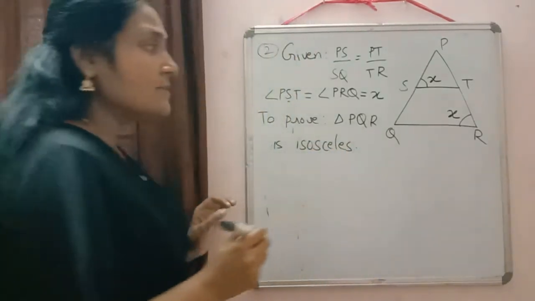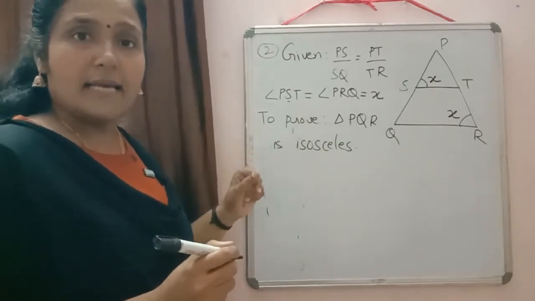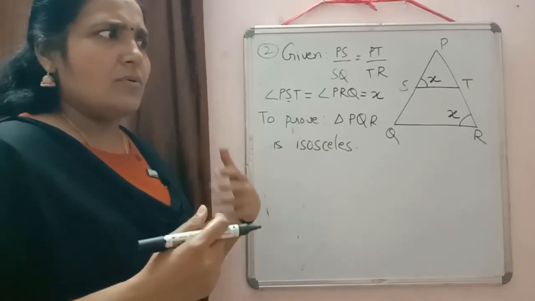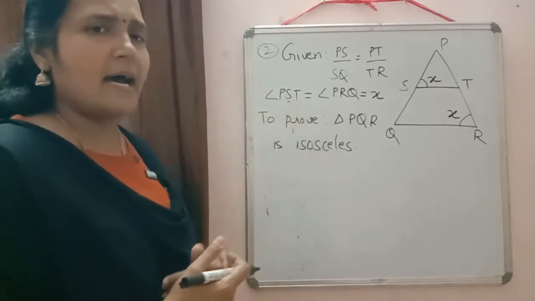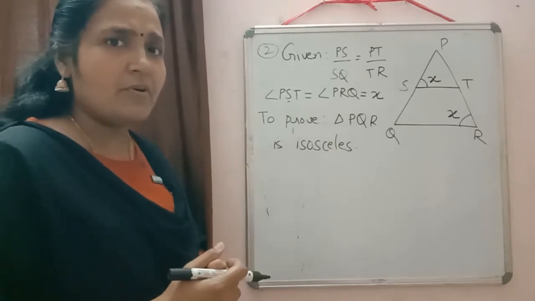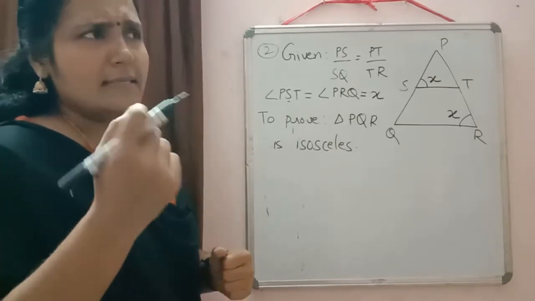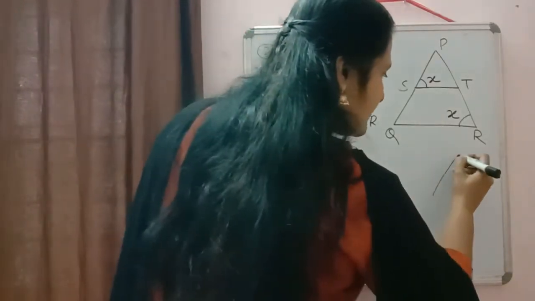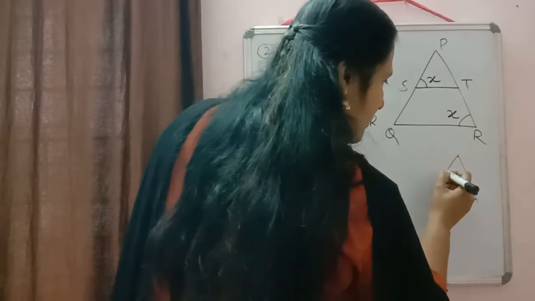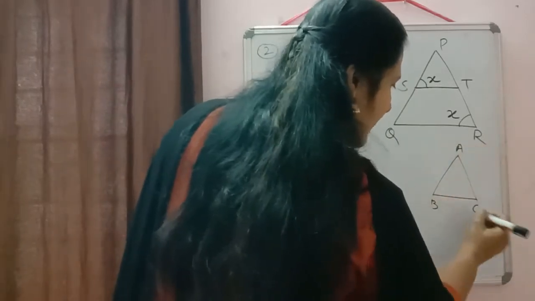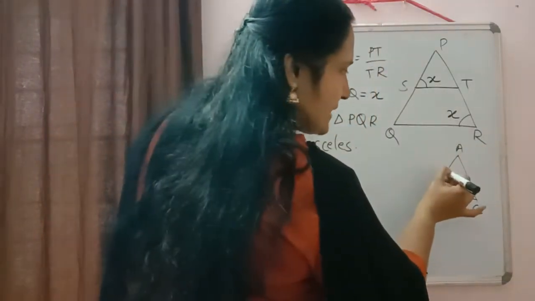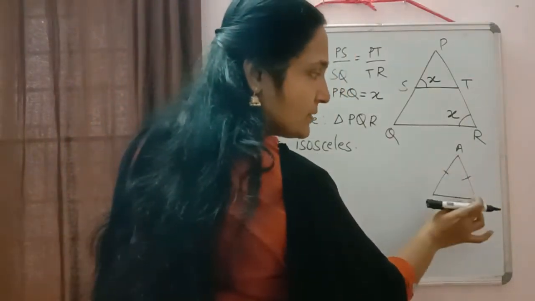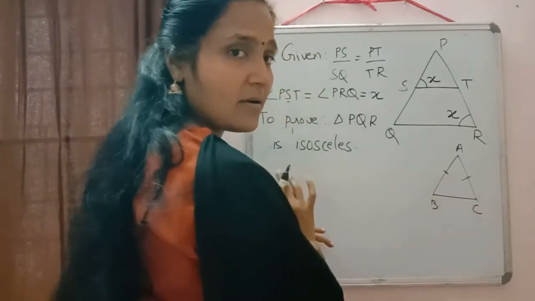What do you mean by an isosceles triangle? Yes, in an isosceles triangle, two sides are equal. So either we can prove two sides are equal or prove some other thing. It is easy to prove that any two angles are equal, because in 9th class we studied that if in a triangle ABC two sides are equal, AB is equal to AC, then their opposite angles are also equal.